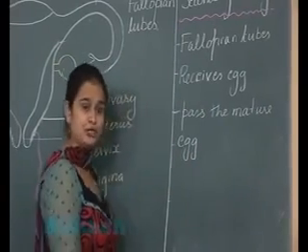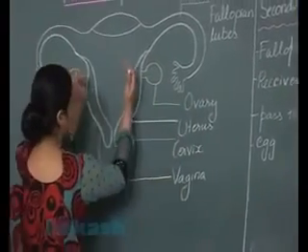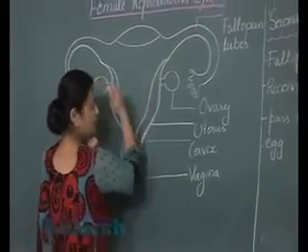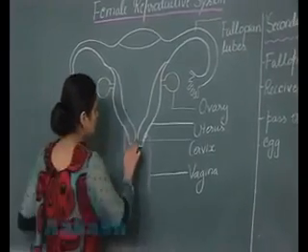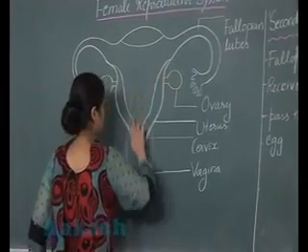After the fallopian tube, you can see this structure, the uterus. This is the lining of the uterus.